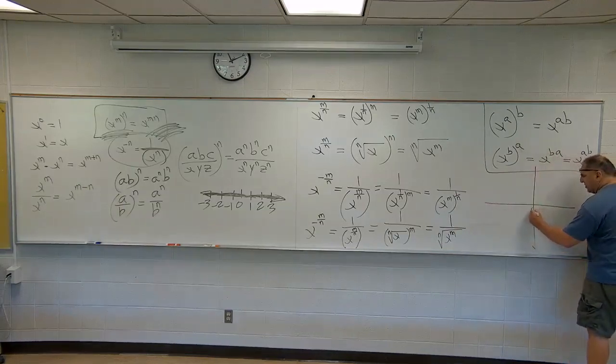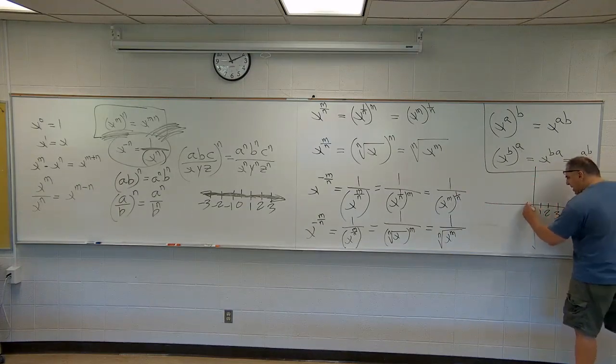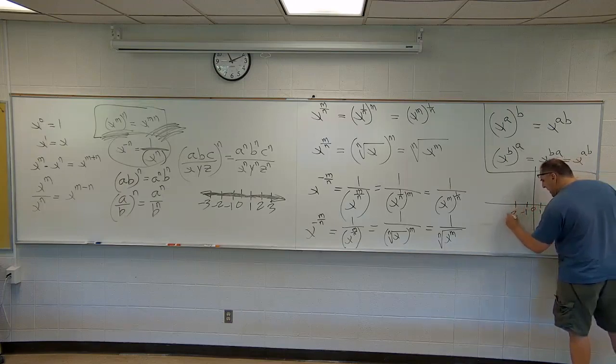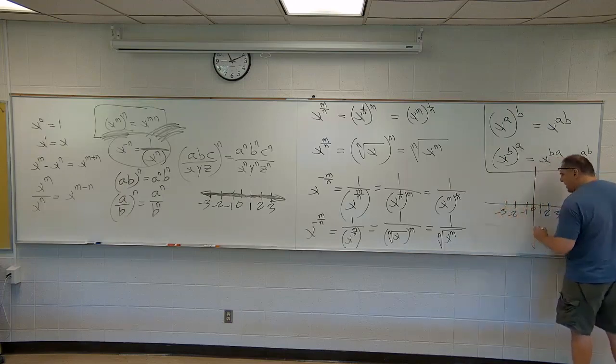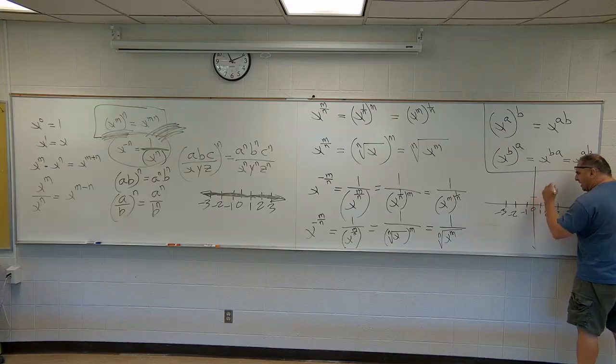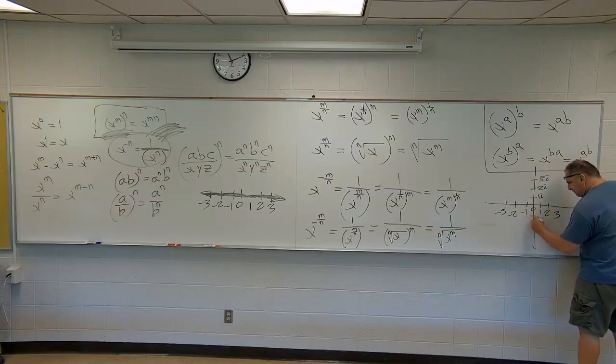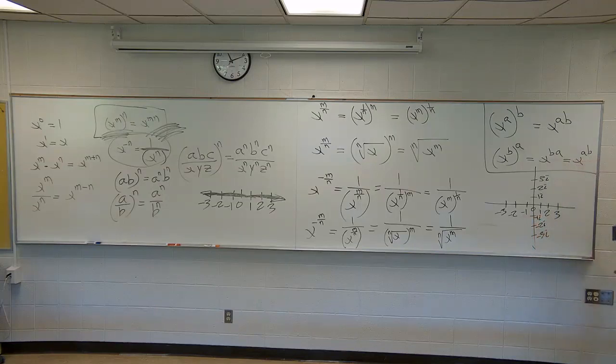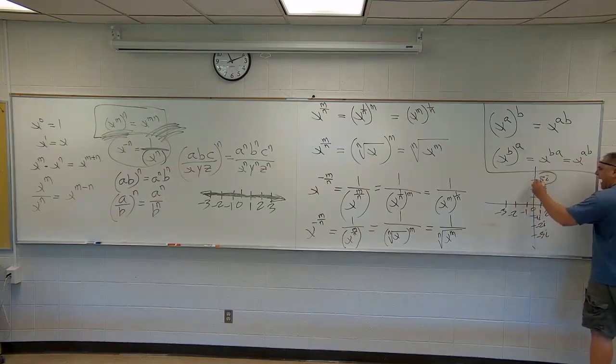In other words, this is 0, this is 1, 2, 3, etc., -1, -2, -3. And then they got this thing called i: 1i, 2i, 3i, going to infinity, -1i, -2i, -3i. And so there's a real part and there's an imaginary part.